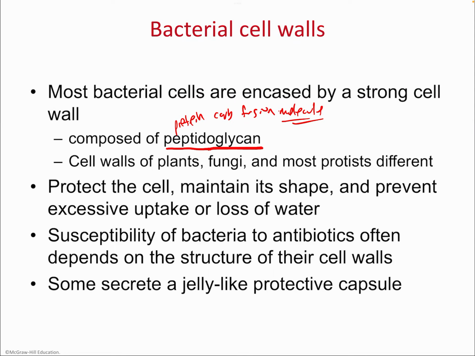Because what is a plant cell wall made out of? We learned about that one in the last chapter. It's one of the structural carbohydrates. It's a polysaccharide.